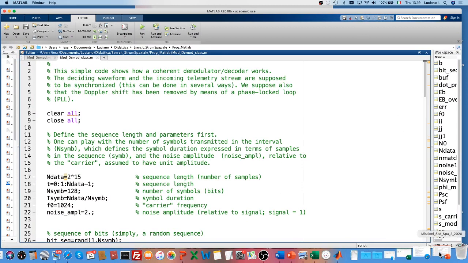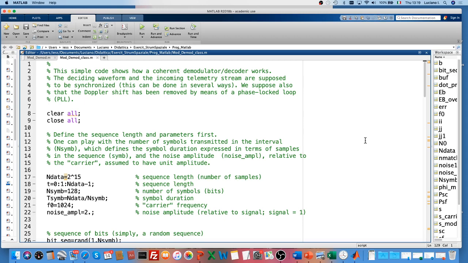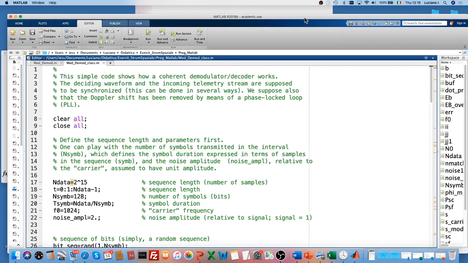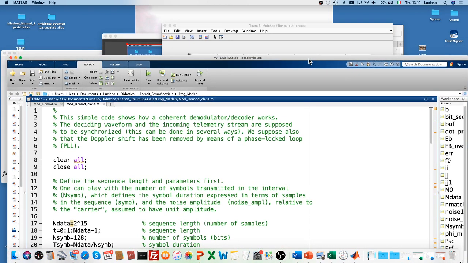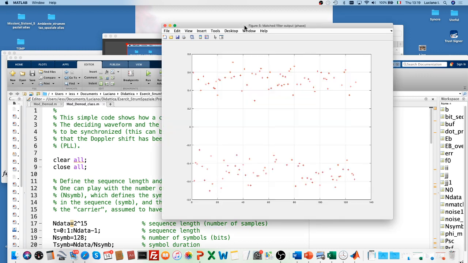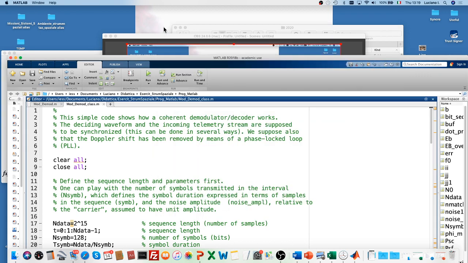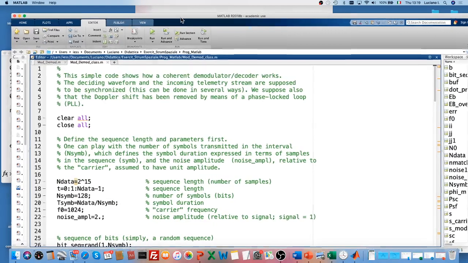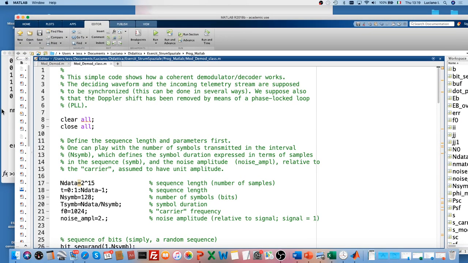Okay, let me see where it is. It should have been behind this one, but it is not. Let us close all these windows. Okay, here it is.